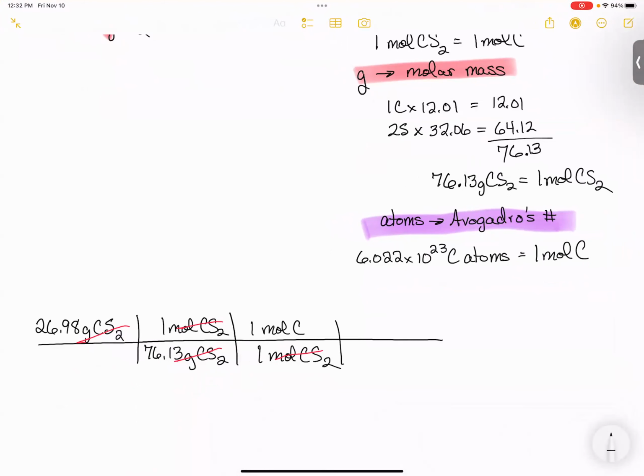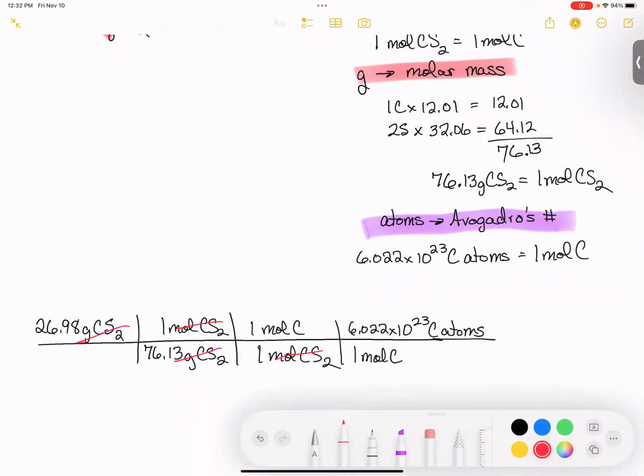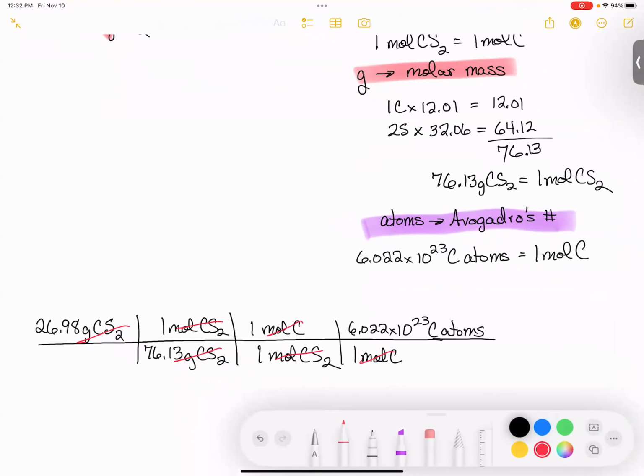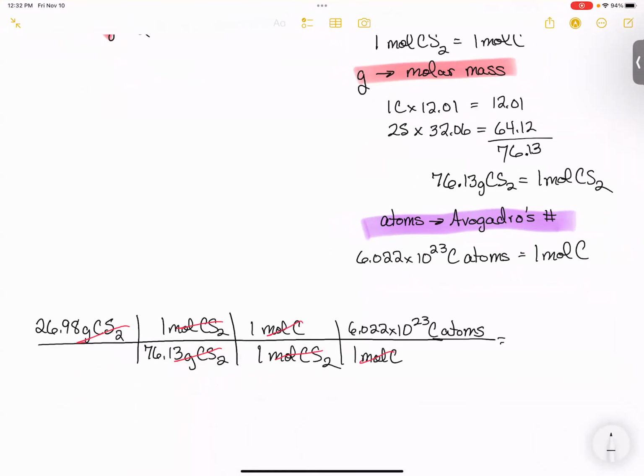Now I have the moles of carbon. I need to use Avogadro's number. 1 mole of carbon is going to go in the denominator with the 6.022 times 10 to the 23rd carbon atoms in the numerator. The mole of carbon was placed in the denominator so that the unit and the substance would cancel, leaving me carbon atoms.